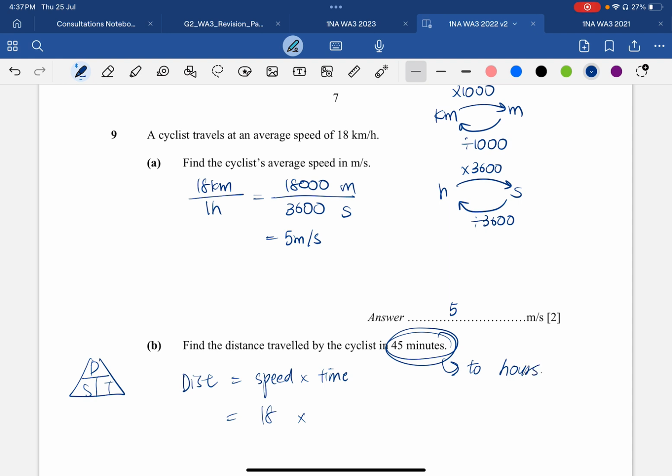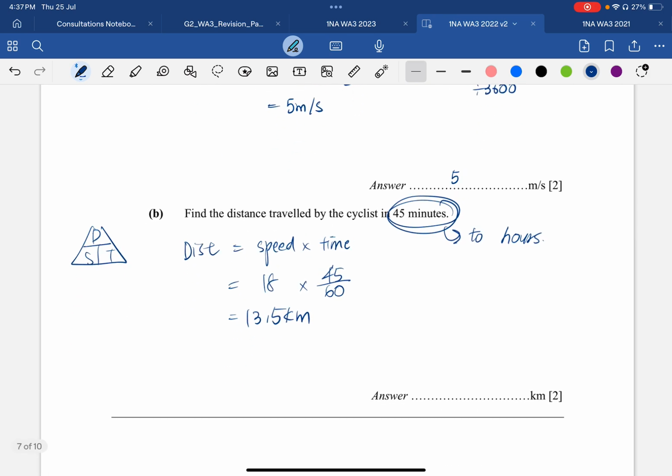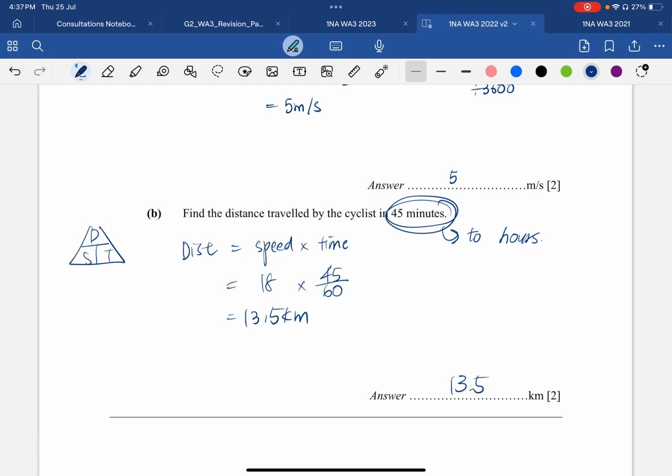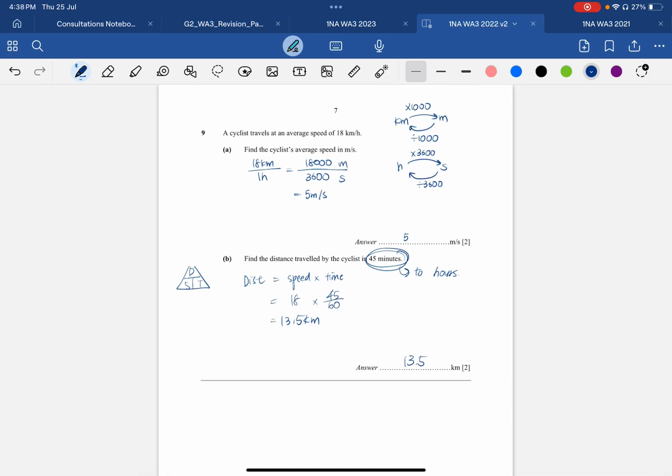And minutes to hours, you divide by 60. So 45 minutes is 45 over 60 hours. And that will give us 13.5 kilometers. Okay, so that is the distance traveled by the cyclist in 45 minutes.